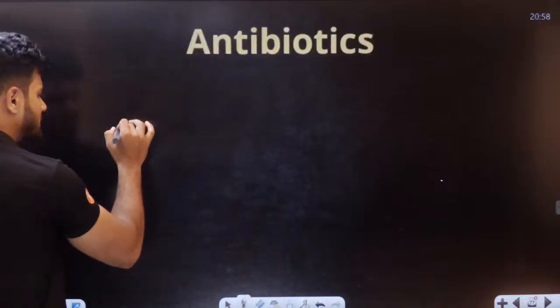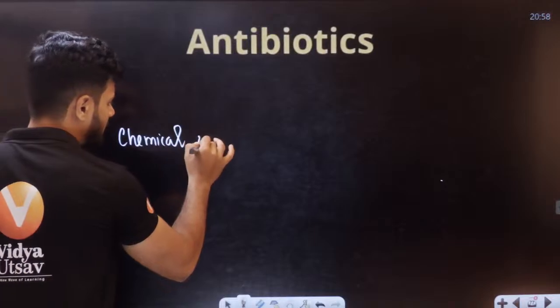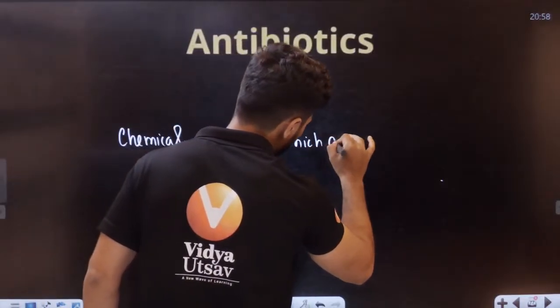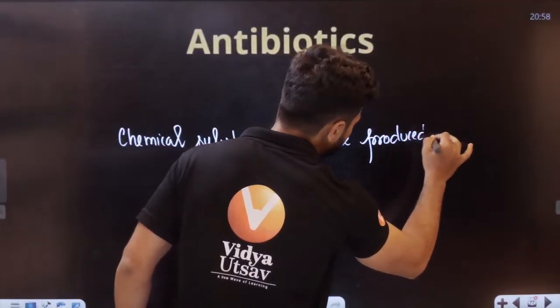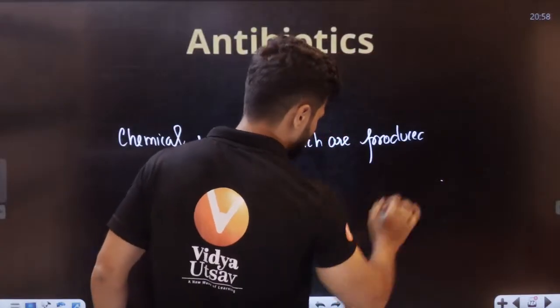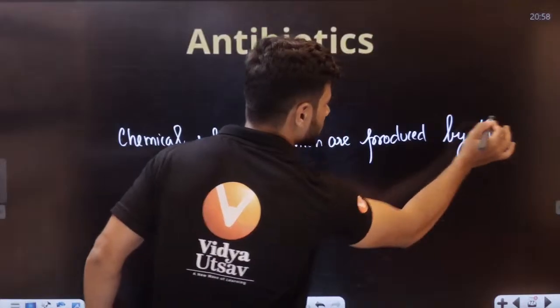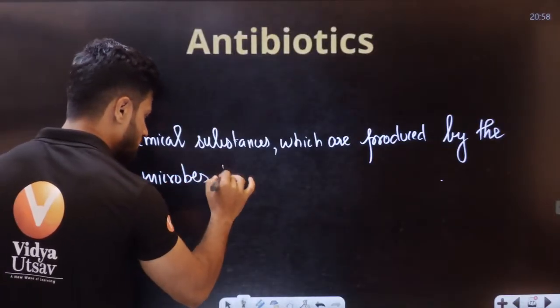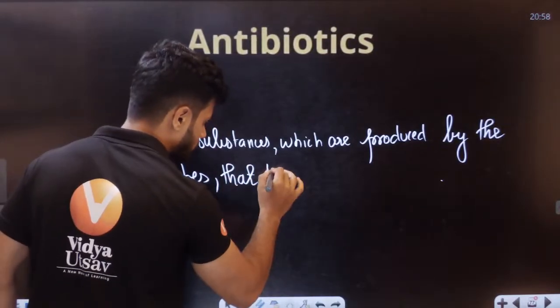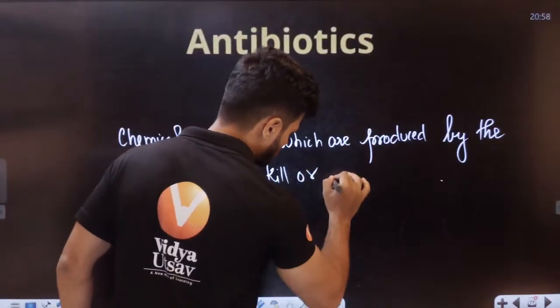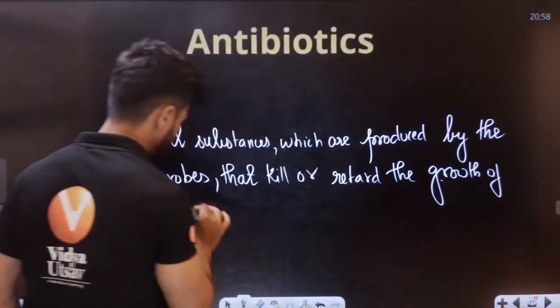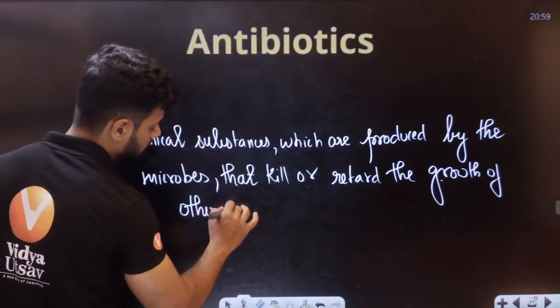Now, if I have to give a definition, students, write down the definition. Antibiotics are basically chemical substances which are produced by the microbes that kill or retard the growth of other microbes.